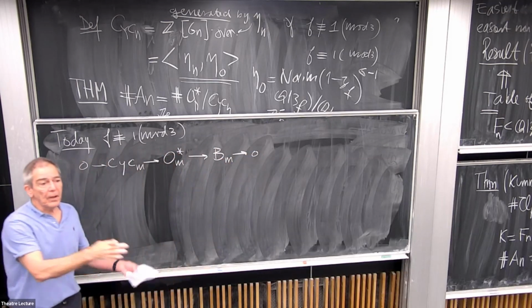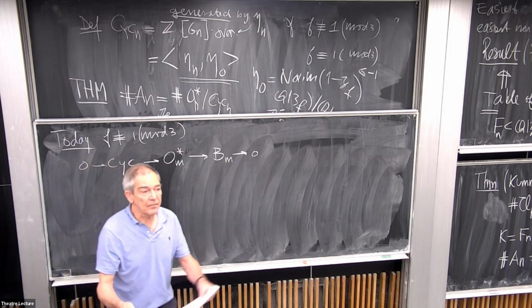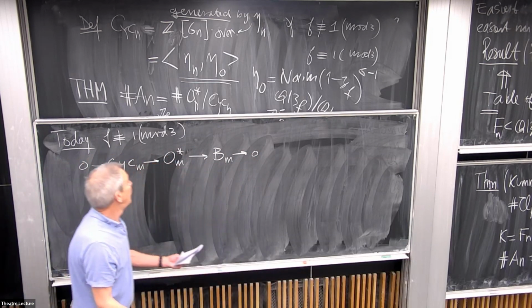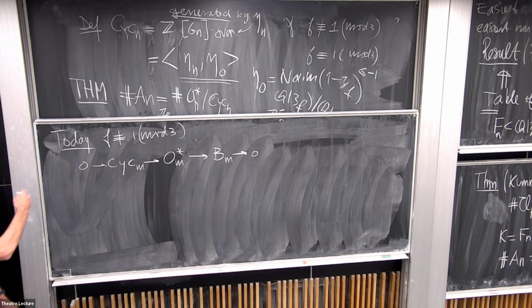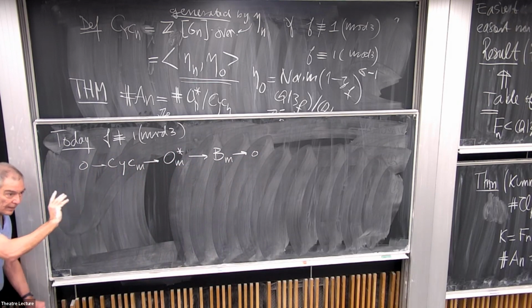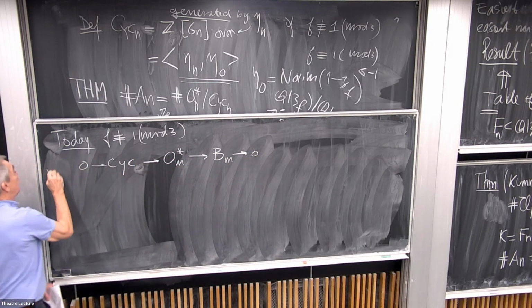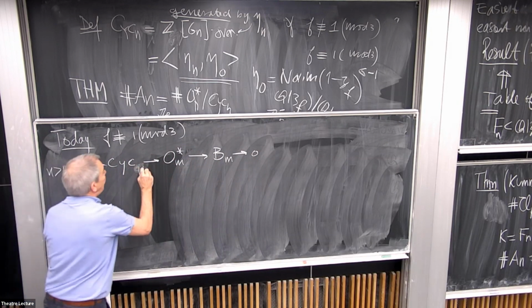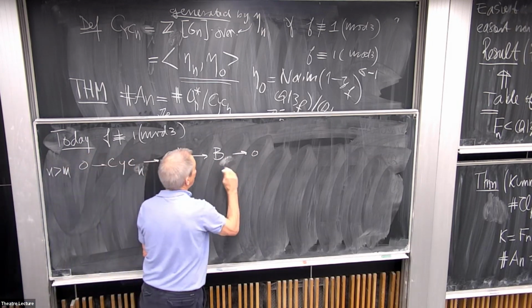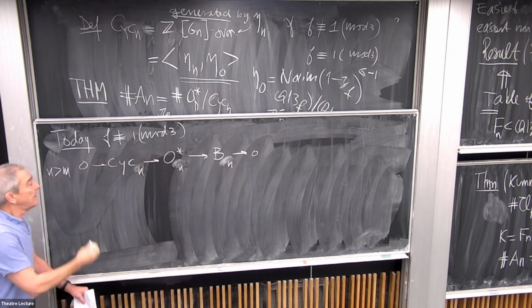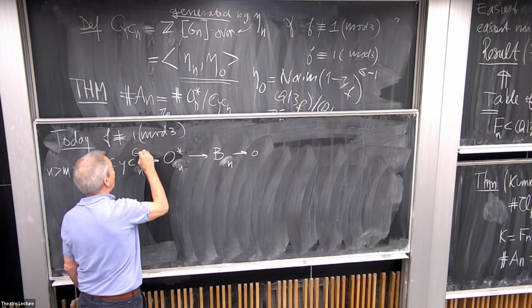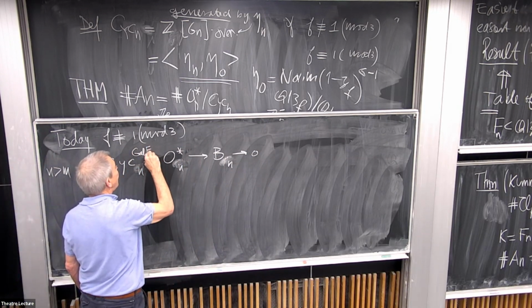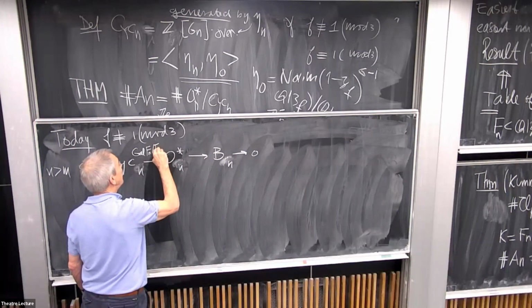So we have A_m and B_m, and A_m and B_m have the same cardinality. Now, you remember the sequence? Now I go up. I take n larger than m. There I have the same sequence. And now I take Galois invariants. So I take the Galois group of F_n over F_m.